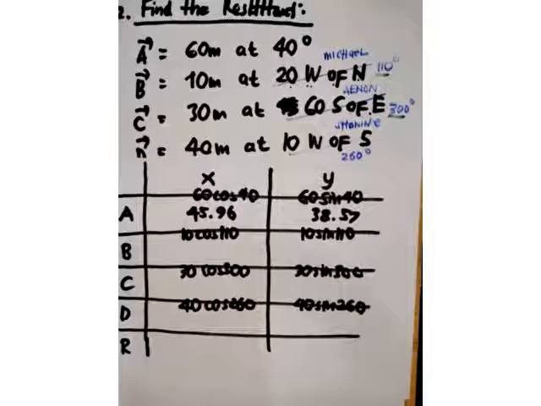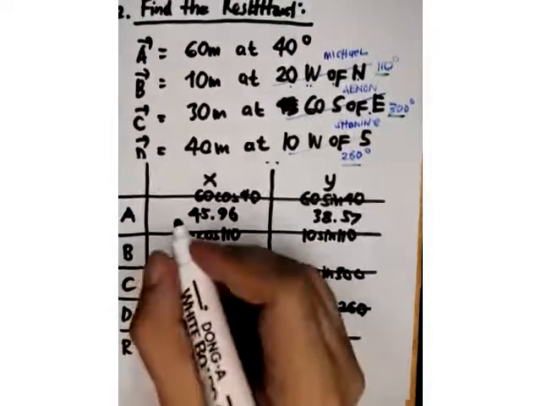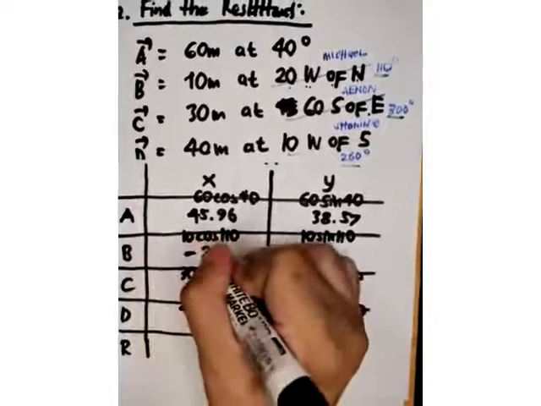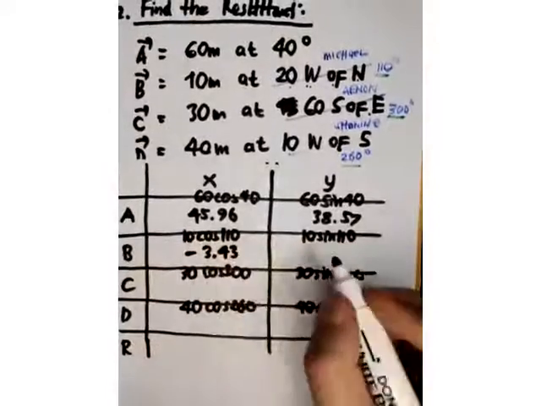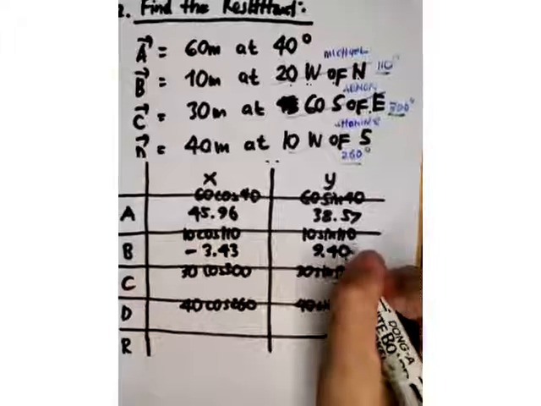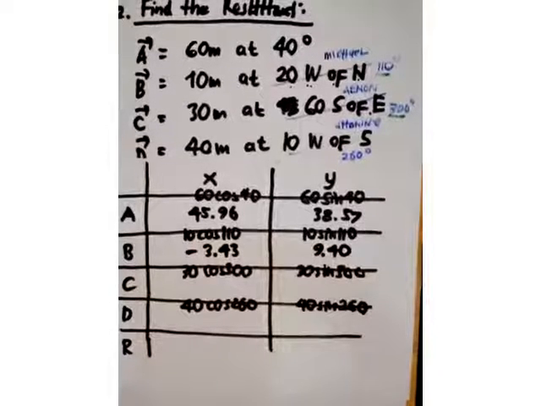Give me the X and Y. Okay, kay Michael daw is negative 3.43 and 9.4. Ayan. Okay, thank you.